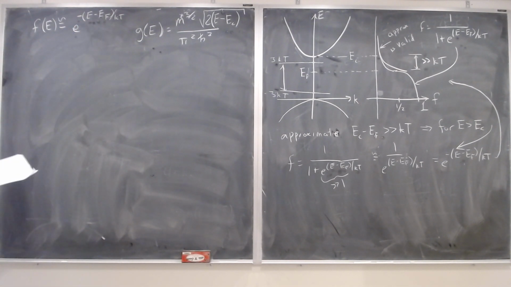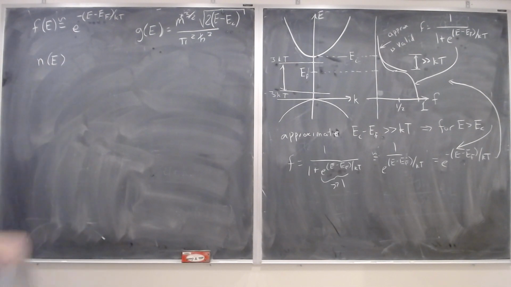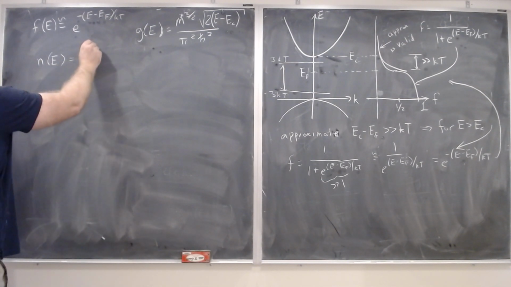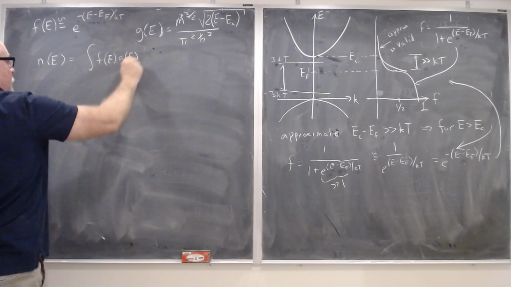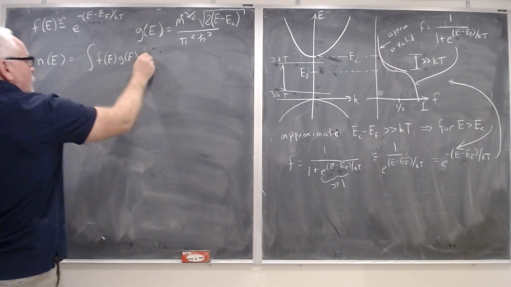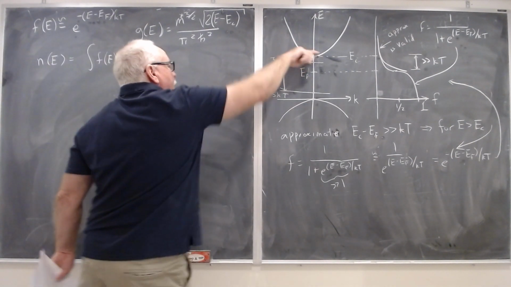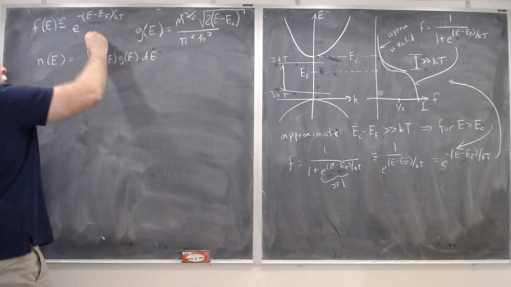All right, so now we just integrate. N of E is equal to the integral of F of E times G of E. Where do we integrate? From the bottom of the conduction band to infinity.